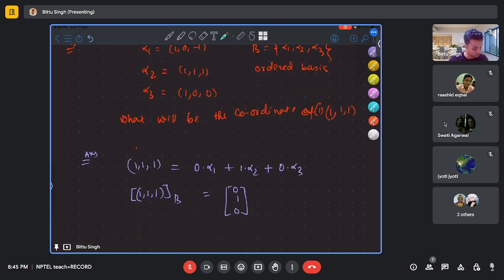Now we give a general question. What will be the coordinate of any arbitrary point (a, b, c) with respect to this system?